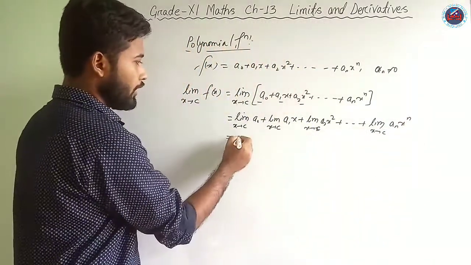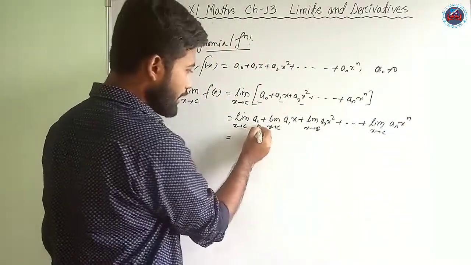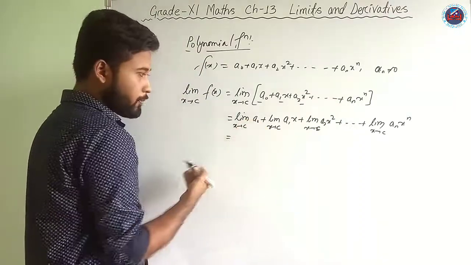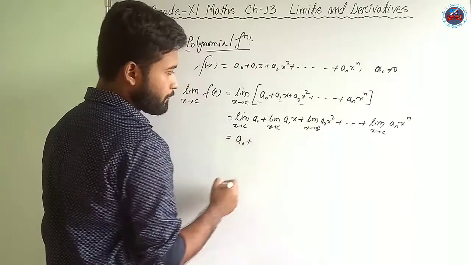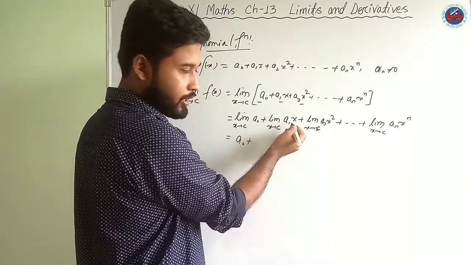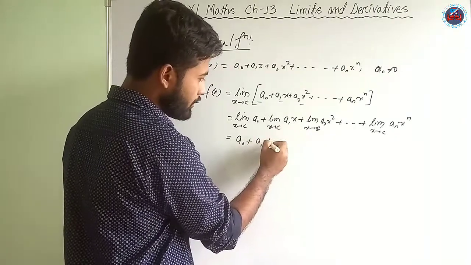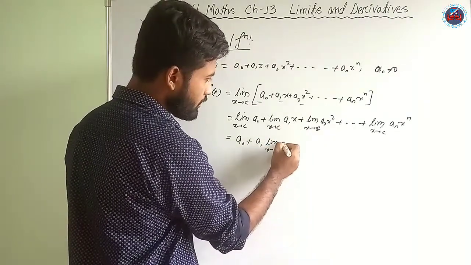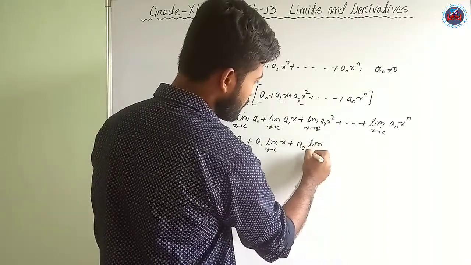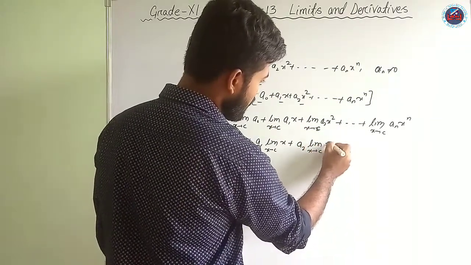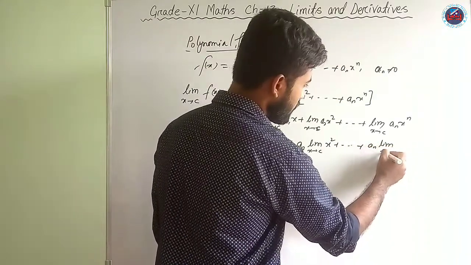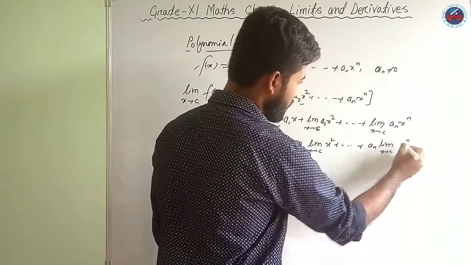Now, since a0 is a constant and we do not have any x here, we cannot operate the limit, so it will be a0 only. Since a1 is a scalar or a constant, we can bring a1 out, and we have the limit of x as x tends to c, plus a2 times the limit of x² as x tends to c, and so on, plus an times the limit of xⁿ.